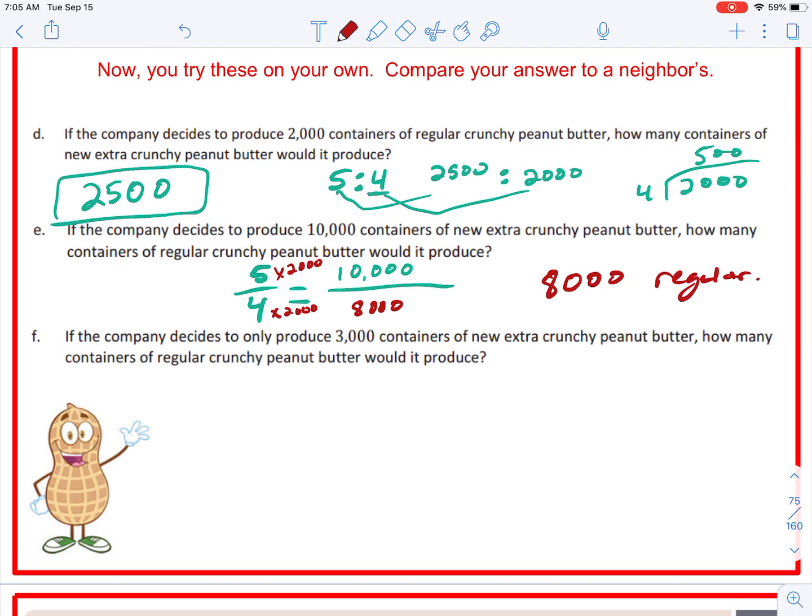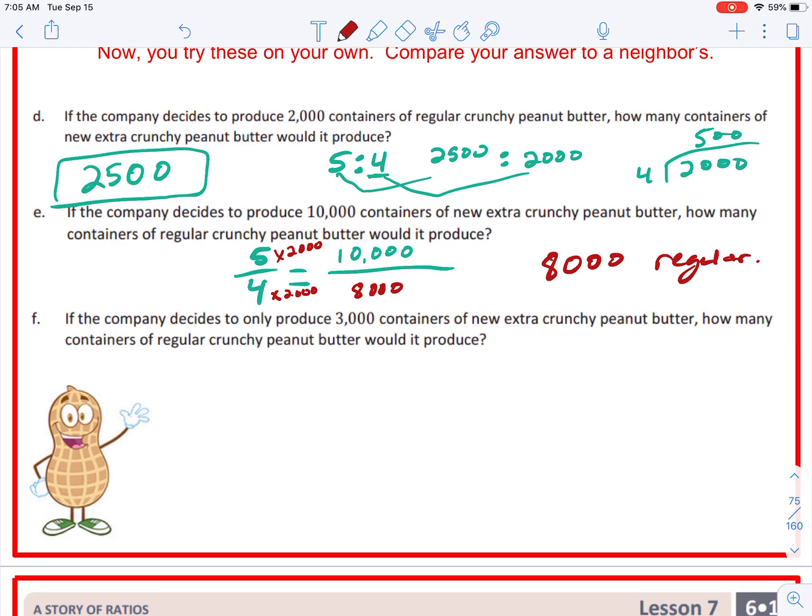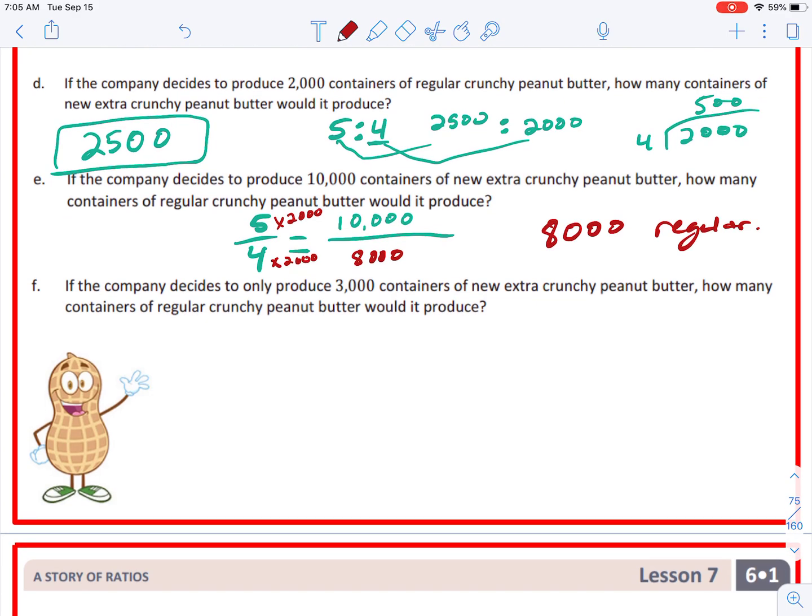All right. If the company decides to only produce 3,000 containers of new extra crunchy peanut butter, how many containers of regular crunchy peanut butter would it produce? So again, 5 to 4. The new would be 3,000.